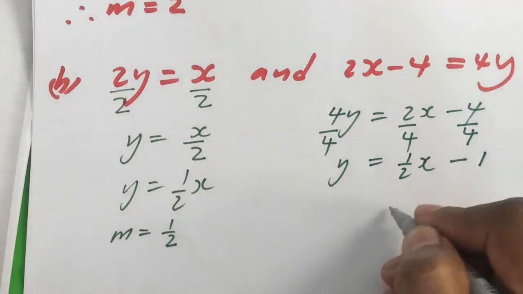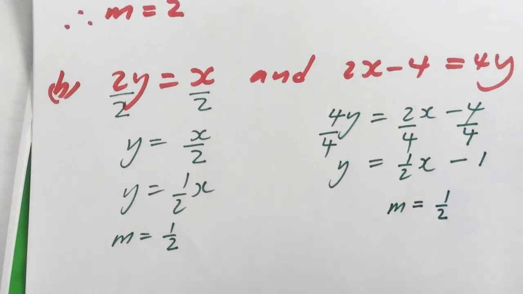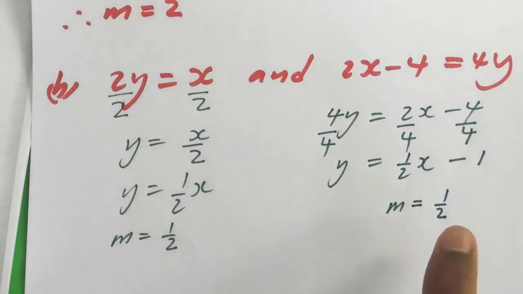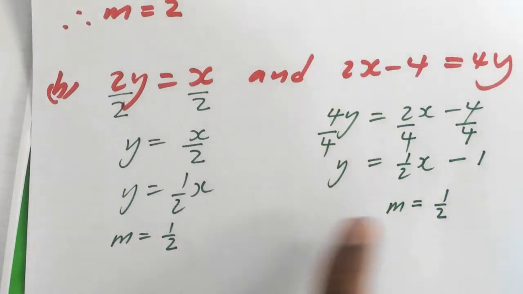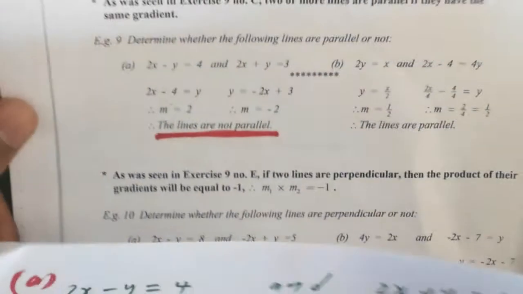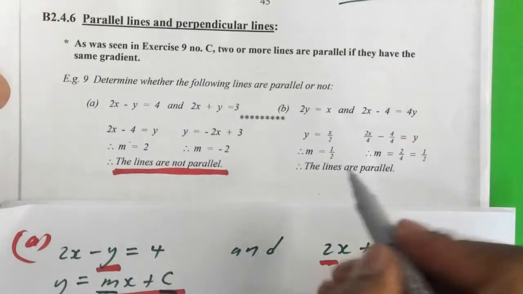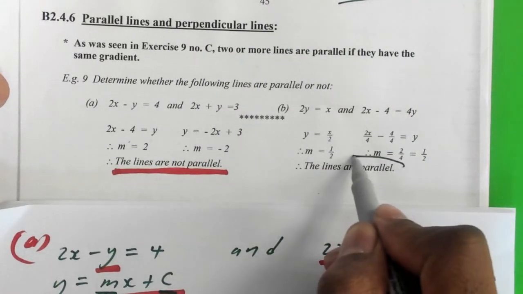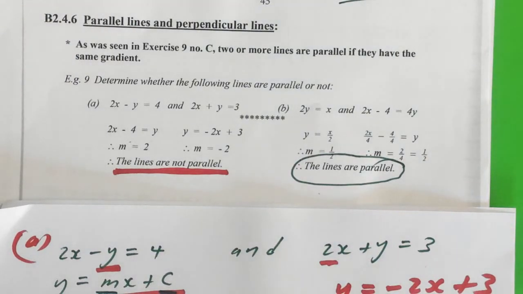Happy here. Therefore m for this is a half. Therefore guys, the gradient for that line is half, and the gradient for that line is half. If the two gradients are exactly the same, then I can conclude, as in your ABC example, the lines are parallel because they have exactly the same gradient, guys.